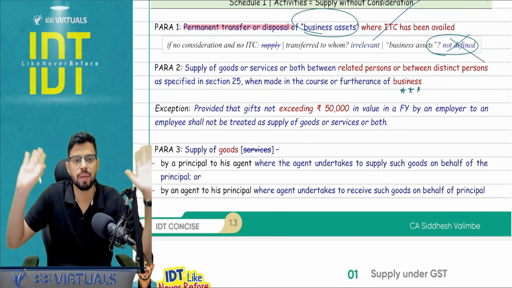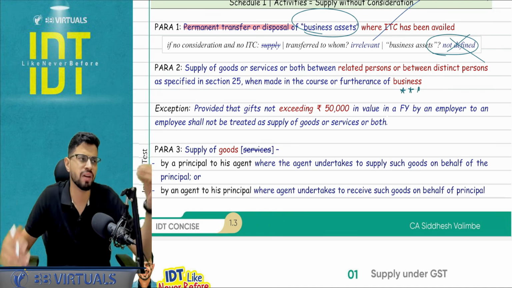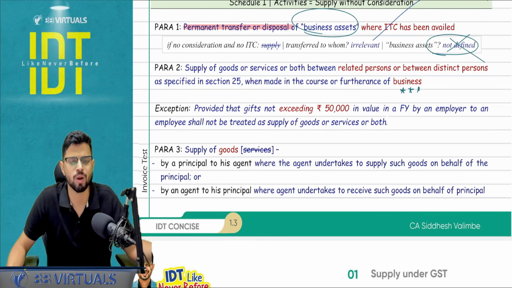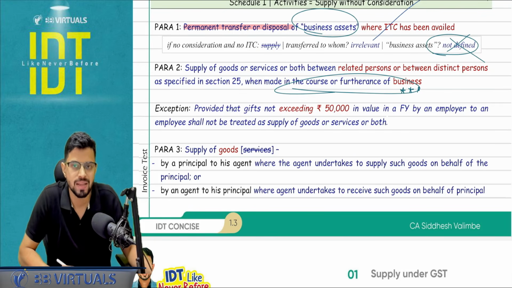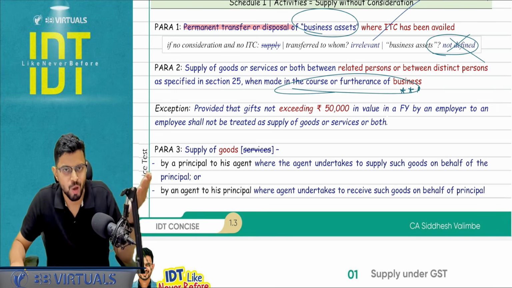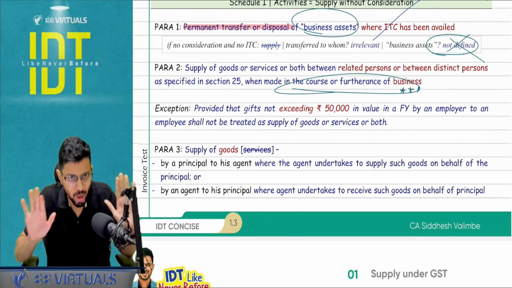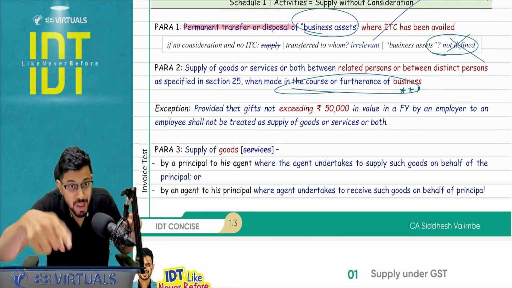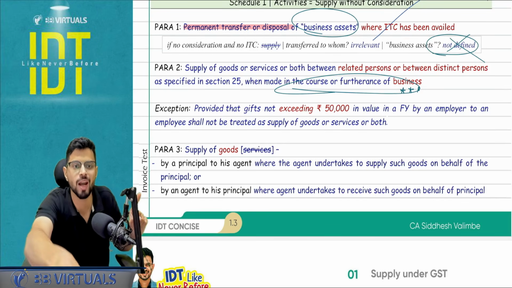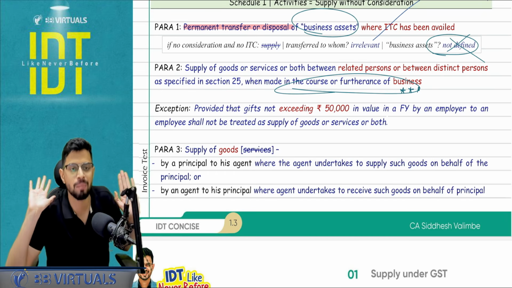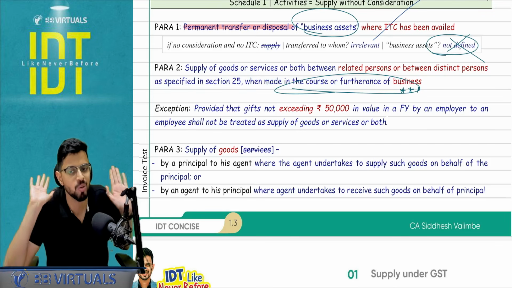But let's say I am an employee, not doing any form of business, and one day I just take a small lecture on GST for my wife, not business. So it should be a part of your business. Basically, the logic from the government's side is that you are doing business, and just because of the relationship you did not charge consideration, where we are losing revenue, so make it a deemed supply under Schedule 1, paragraph 2.